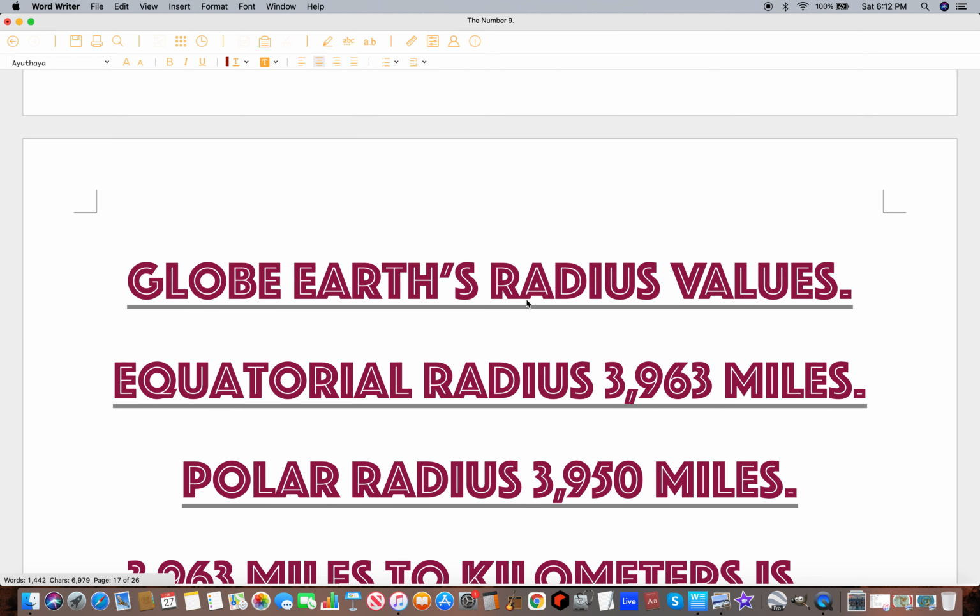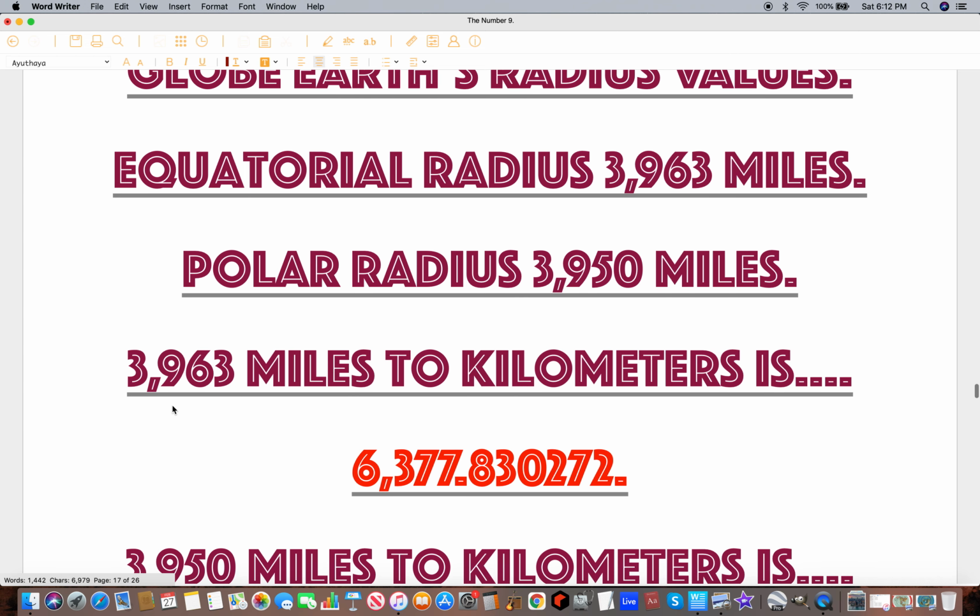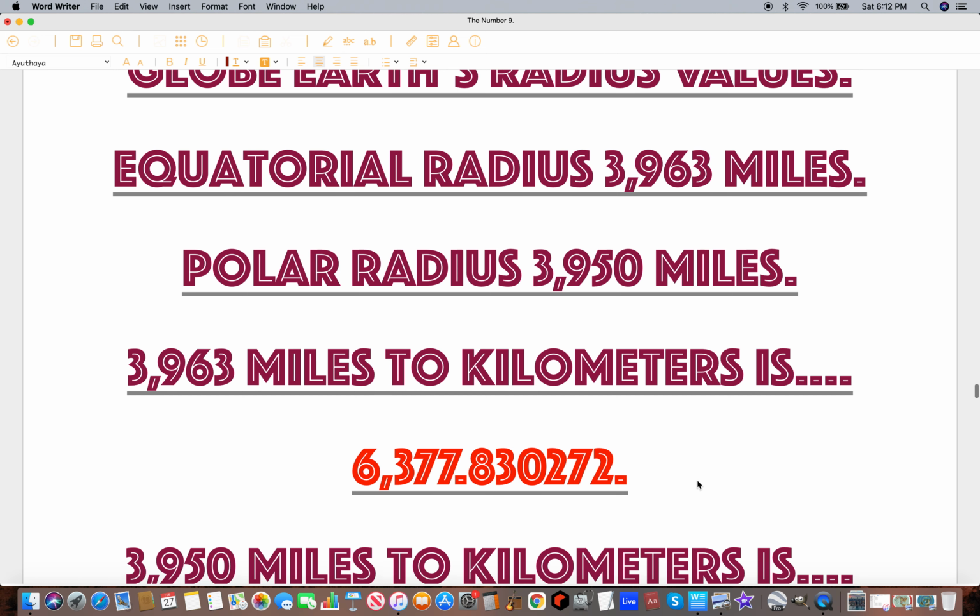Globe Earth's radius values. Equatorial radius, 3,963 miles. Polar radius, 3,950 miles. Okay? So 3,963 miles to kilometers, this is the equatorial radius in kilometers, is 6,377.830272 kilometers.